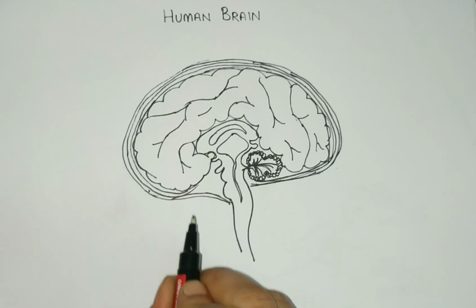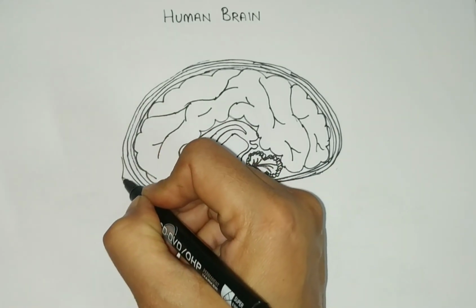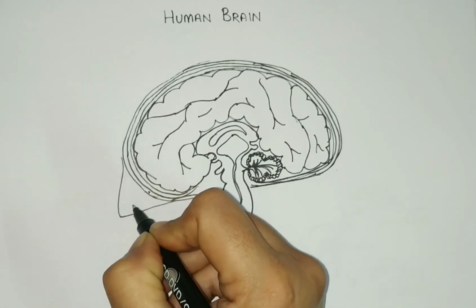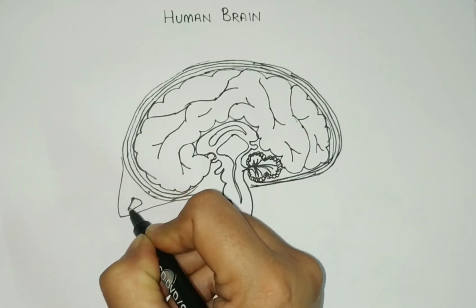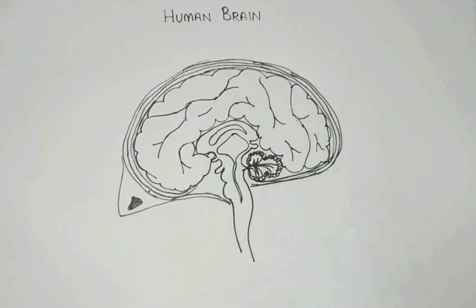And this is provided with a sinus also. At the last area we must make an outgrowth, and this is a sinus. Here we are done. Now comes the last part, the labeling.